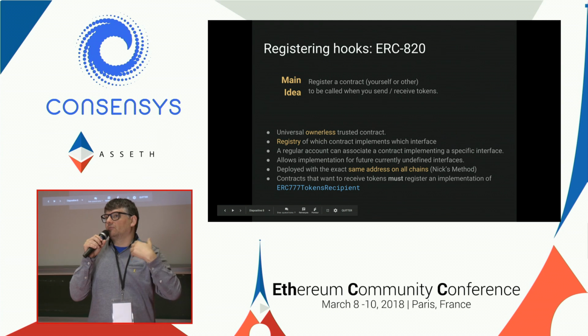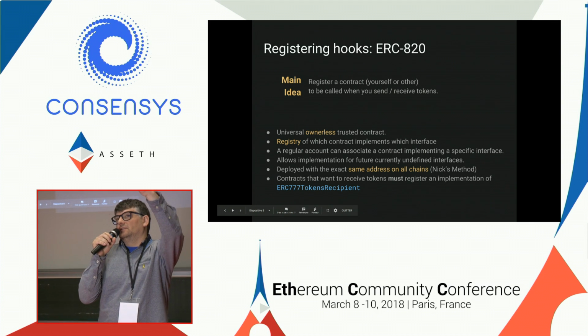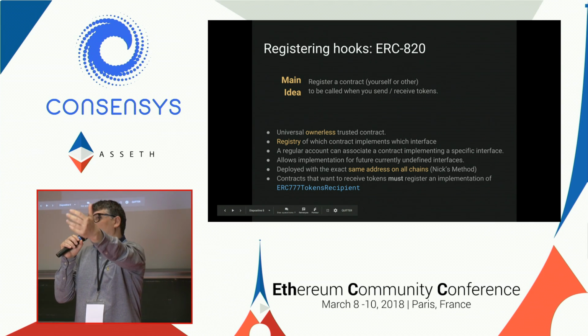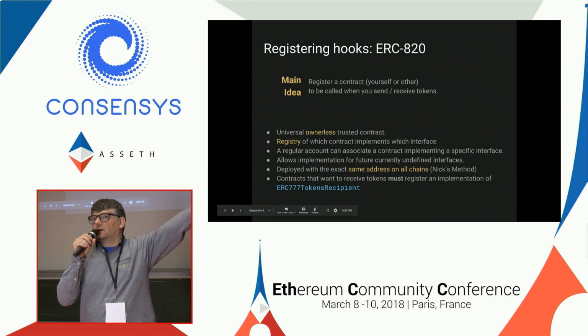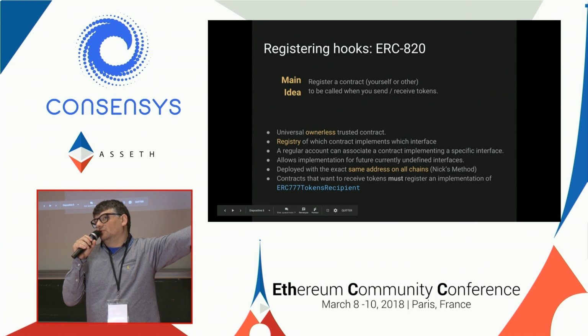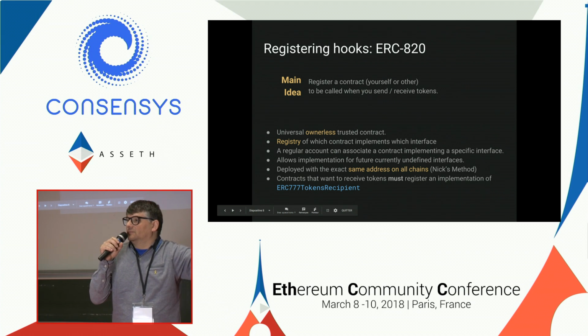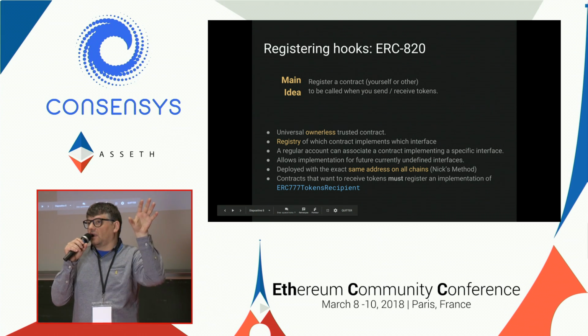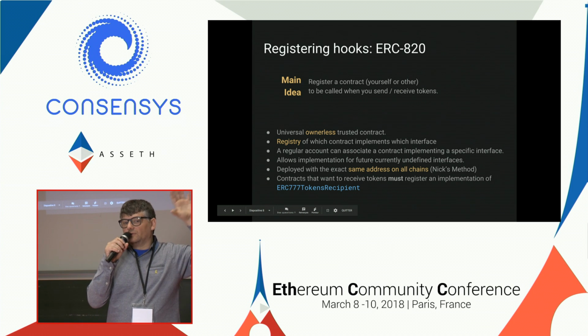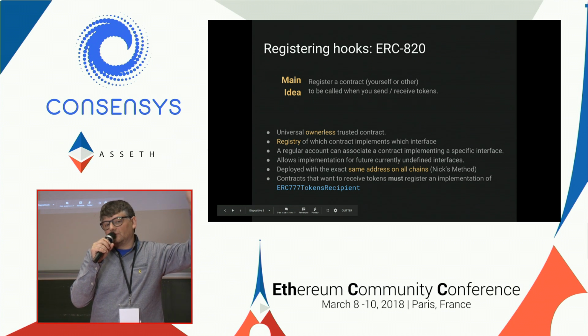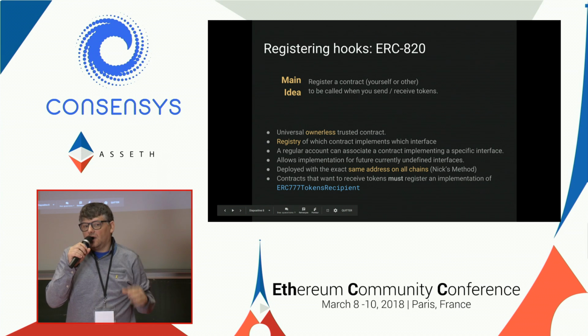So, for example, I can register in this database that whenever somebody sends me tokens, please call this function in that smart contract and do the actions that are set in there. And this ownerless database, trustless contract.